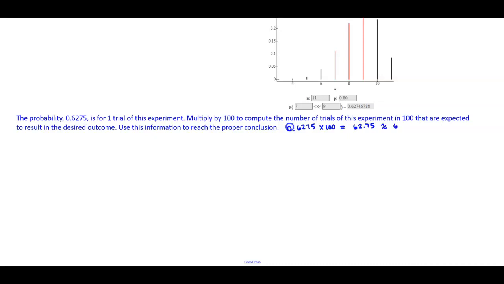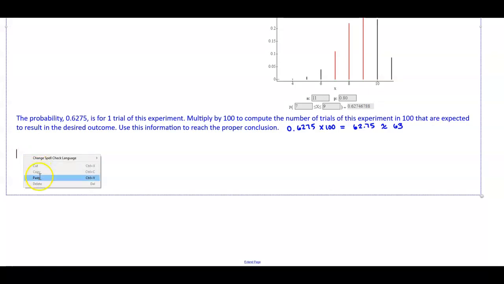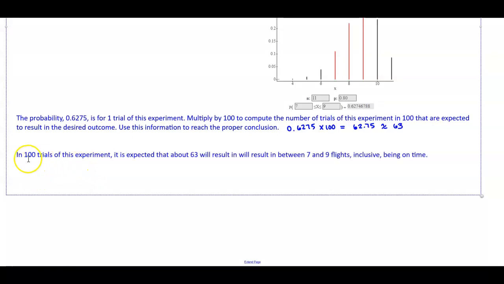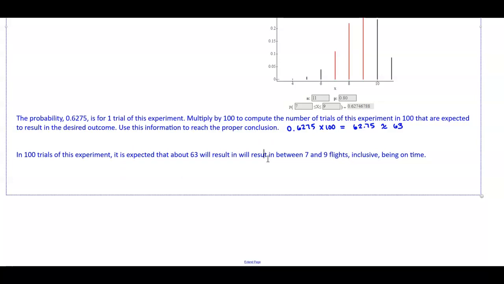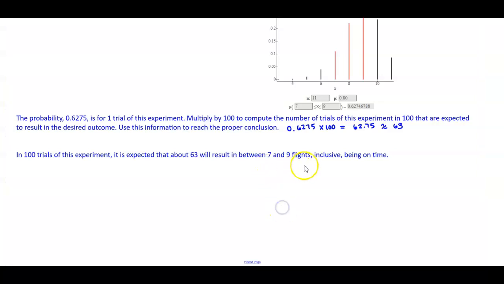Rounded to the nearest whole number, that gives us 63. So therefore, we'd say in 100 trials of this experiment, it is expected that about 63 will result in between 7 and 9 flights inclusive being on time.